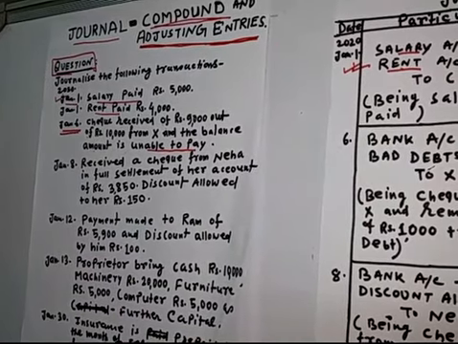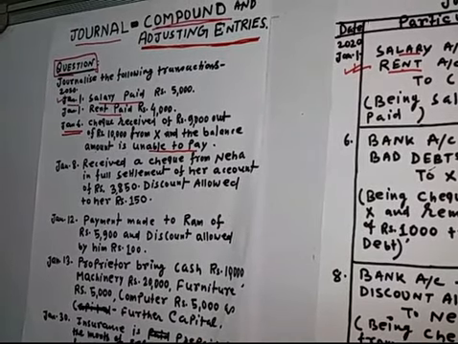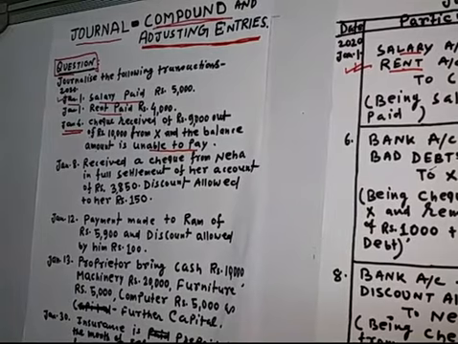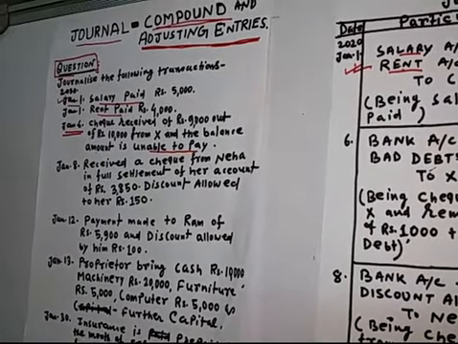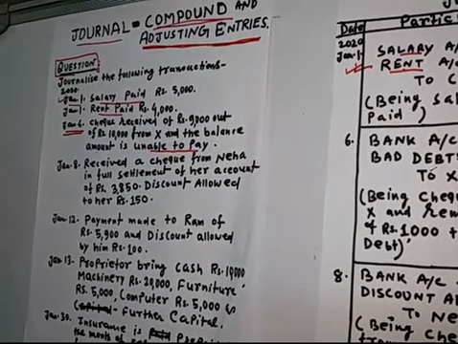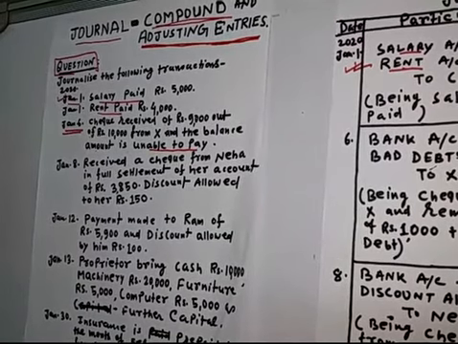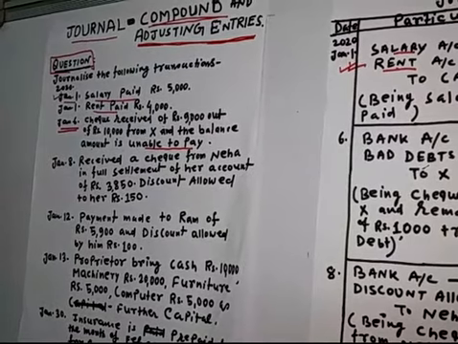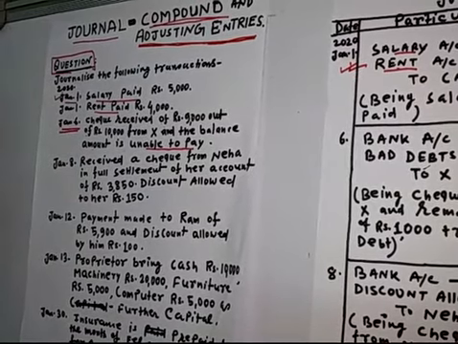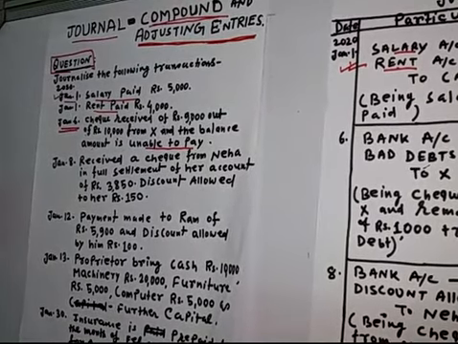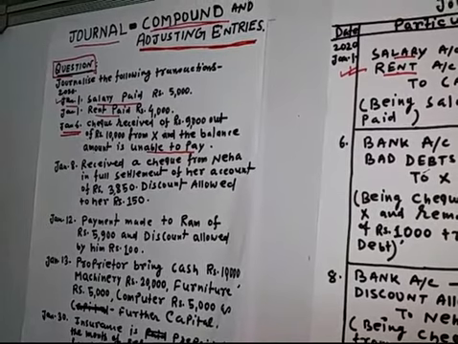Clear? So first think: check received of rupees 9,000 out of 10,000. Out of 10,000 you are getting only 9,000 and 1,000 is not recoverable, which means this 1,000 is treated as bad debt. What is the meaning of bad debt? Bad debt means that amount is not recoverable.